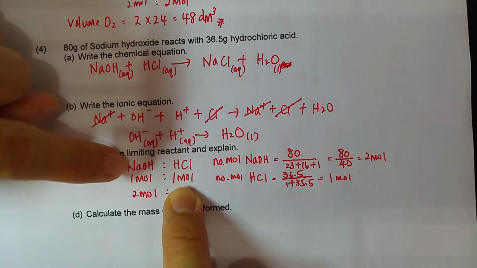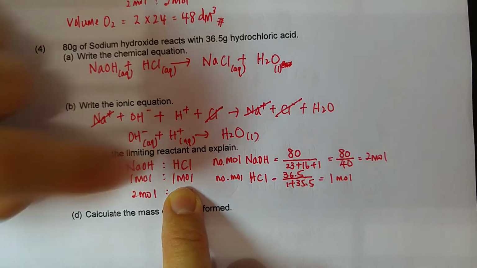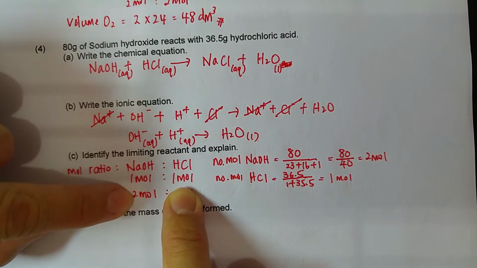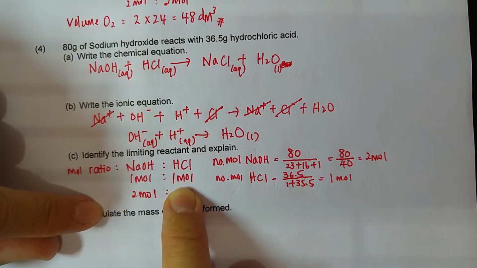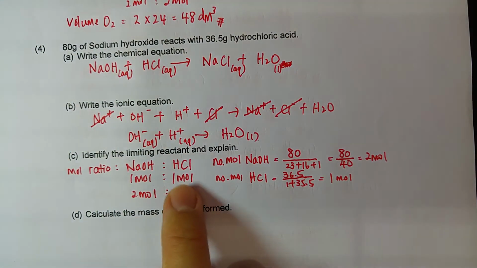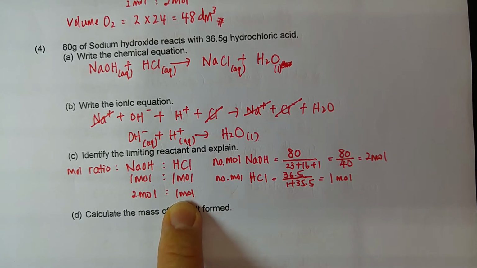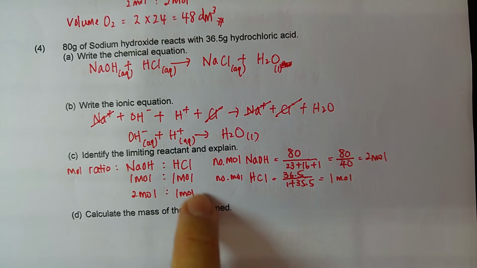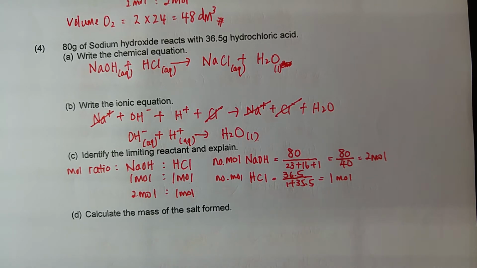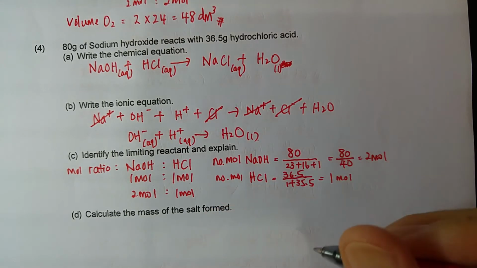The mole ratio between sodium hydroxide and HCl is 1 mole to 1 mole, which means that if you have 2 mole of sodium hydroxide here, HCl should be 2 mole as well, but I only have 1 mole. Only 1 mole of HCl is used, which means that HCl is not enough. 1 mole is to 1 mole, 2 mole should be to 2 mole, but I only have 1 mole. So HCl is the limiting reactant.